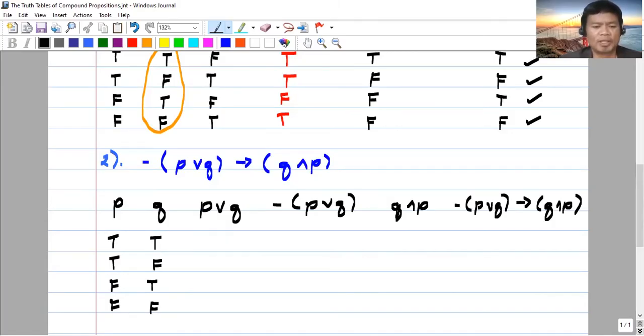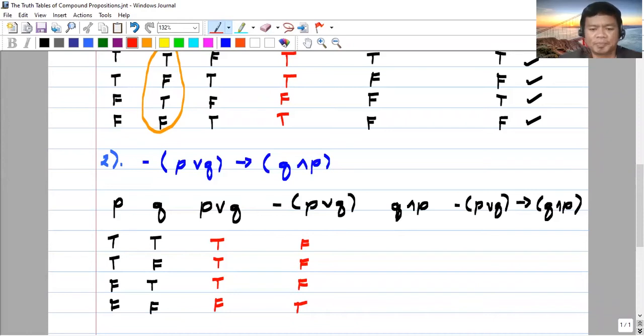Okay, so it can only be false when both P and Q have a truth value of false. So we have here the truth value now of this one, F or F is F. Okay, and the rest are true. There you have it. Okay, so the negation of the truth values of this would be false, false, false, and true. There you have it.